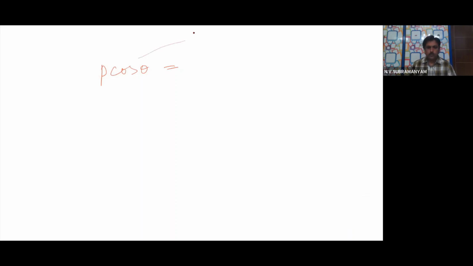Now I wrote it as P bar dot r cap. R cap means the unit vector in the direction of r bar, that OP line. Unit vector means its magnitude is 1. That means this is actually in the form of a bar dot b bar. What is a bar dot b bar?